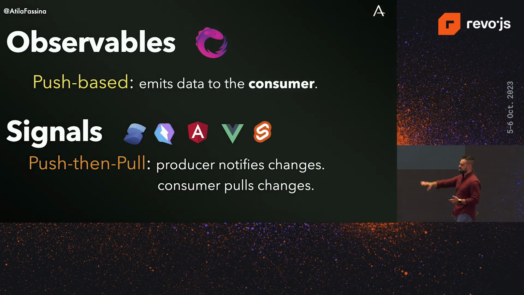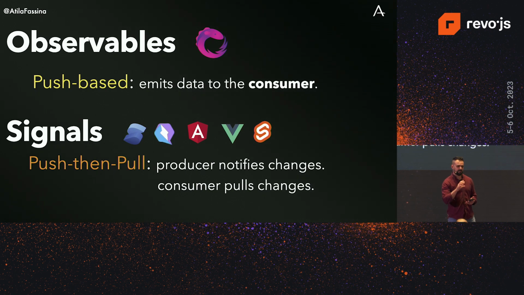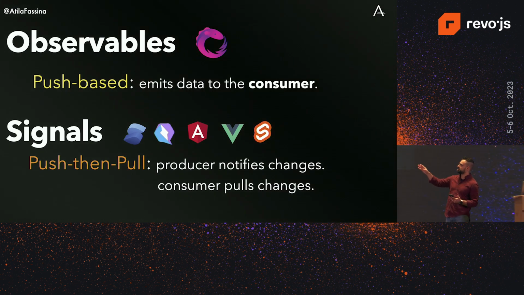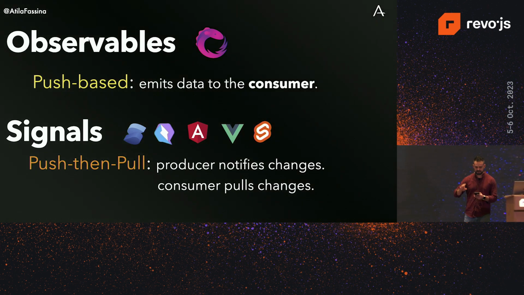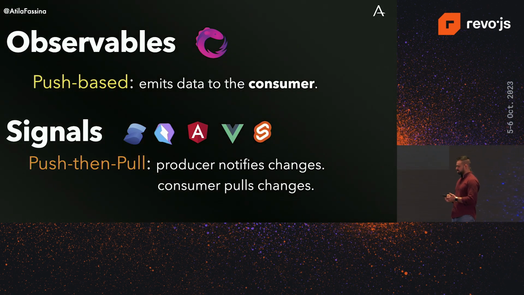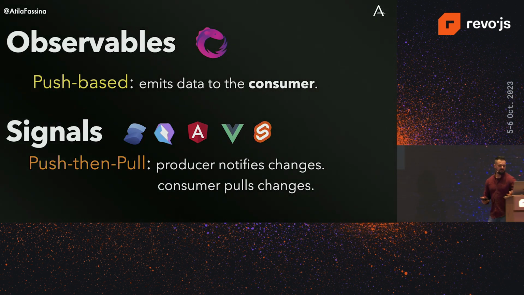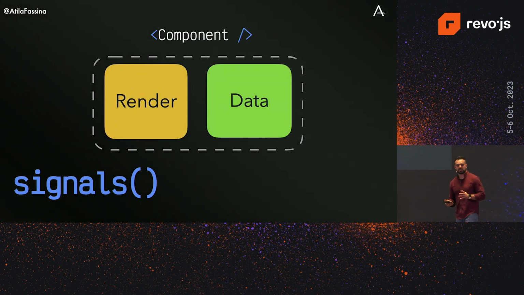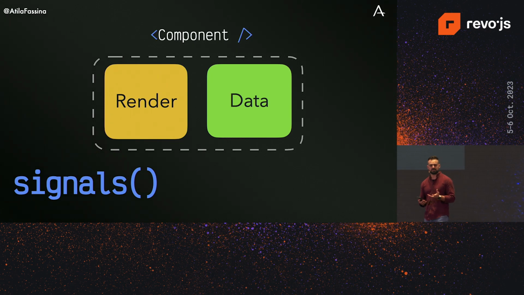So all this idea is based on the signals approach, and I think Solid is the only one, like maybe Qwik also adopted it out of the box, the other ones are bringing it in. That's why I'm using Solid as an example. Solid starts seeing components as a little bit different than React.